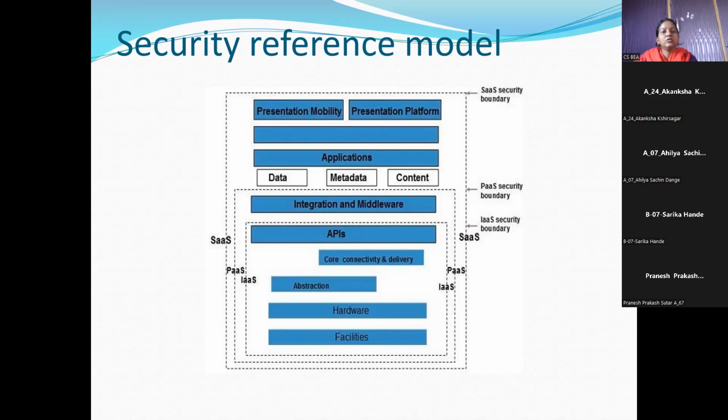Then consider the cloud service models such as IaaS, PaaS, SaaS. These models require the consumer to be responsible for security at different levels of the services. Then consider which cloud type, such as public, private, hybrid, or community, whatever it is.